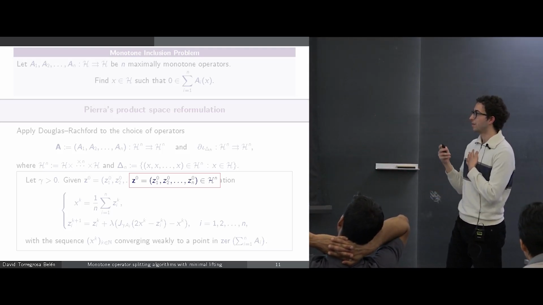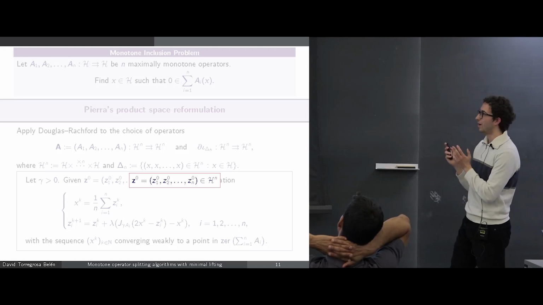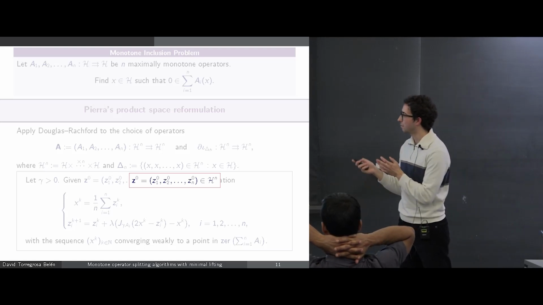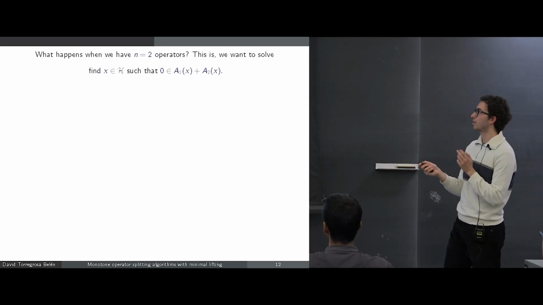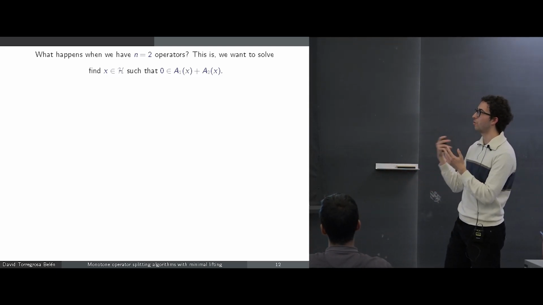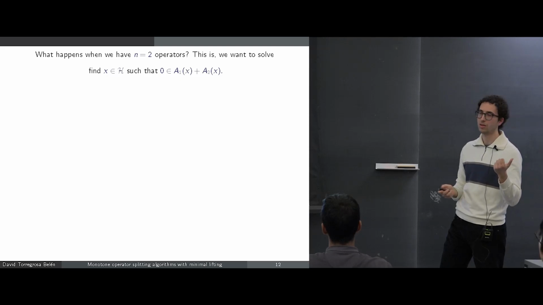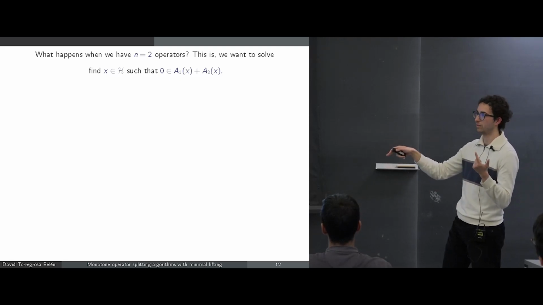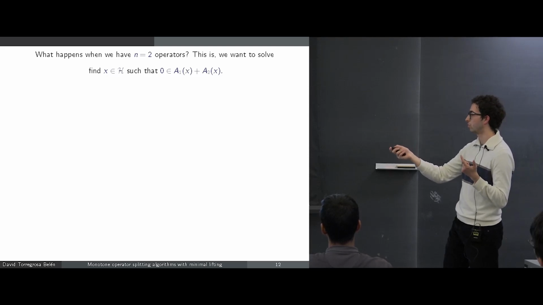And what I want to say is that this is a problem, so let me illustrate it with one very simple example. Going back to the case of two operators, I have two methods to solve this problem: the Douglas-Rachford operator, and the pierce product space reformulation from the previous slide, applied to this.